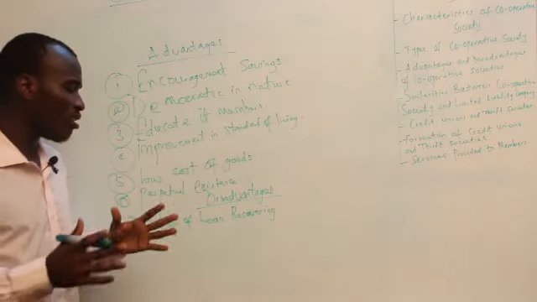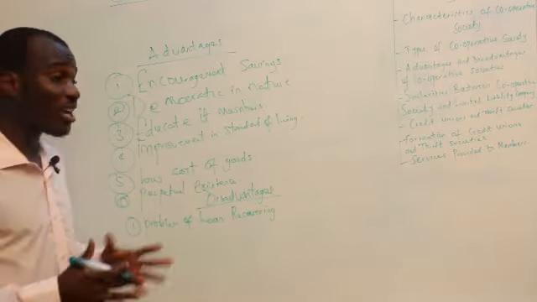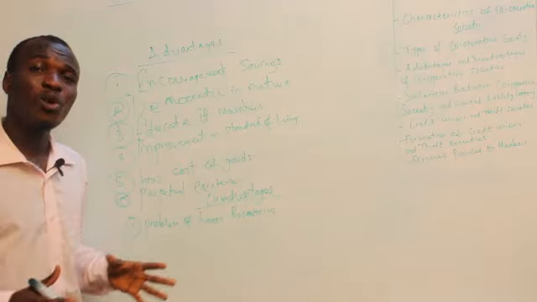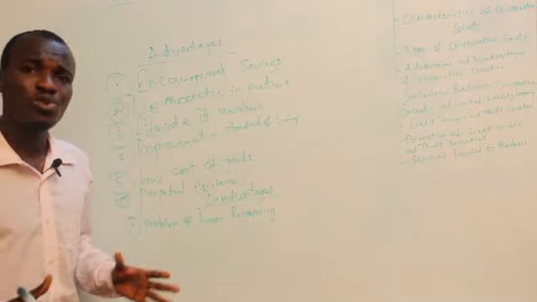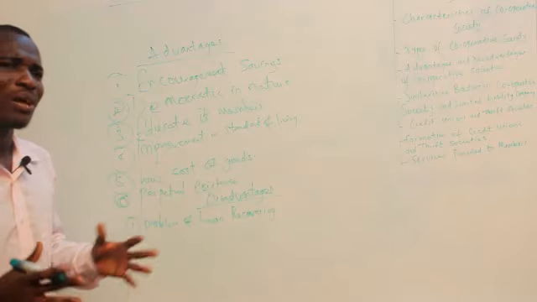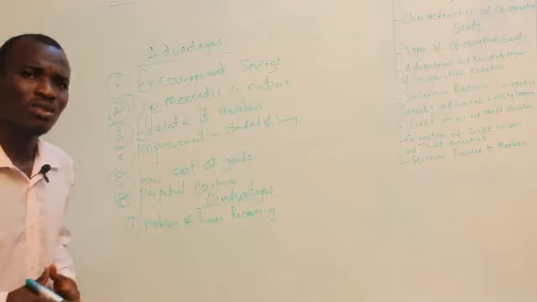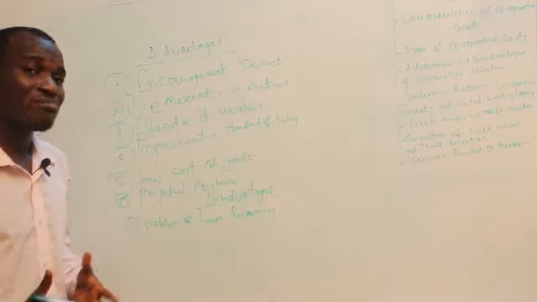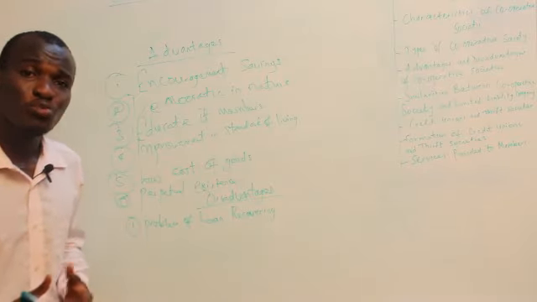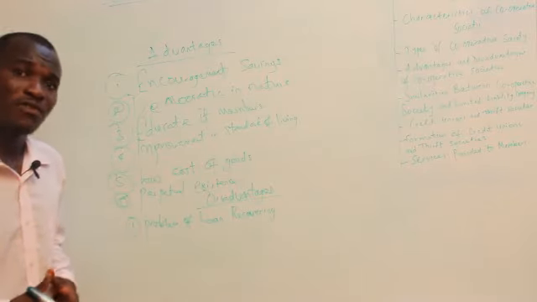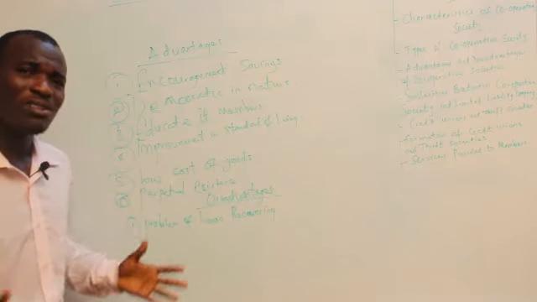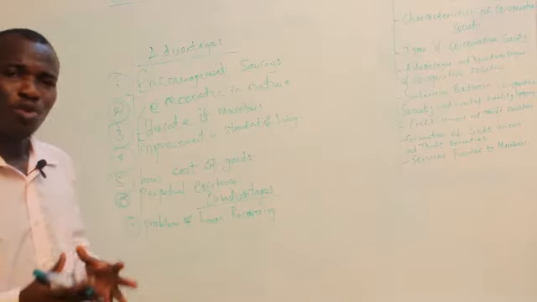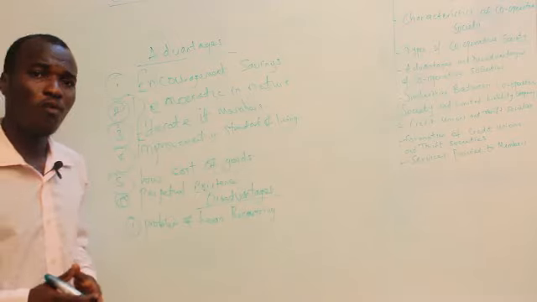Since loans are usually provided to members by the cooperative society, it has become a major problem to recover these loans from members, and this usually brought about the liquidation or coming to an end of many cooperative societies, since the majority of their members refuse to pay back loans given to them. So this also serves as one of the disadvantages of the cooperative society. The problem of loan recovery.